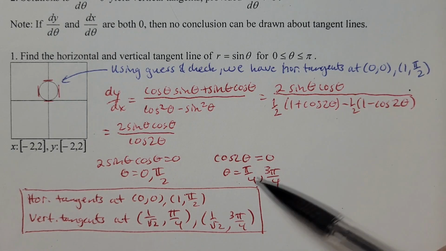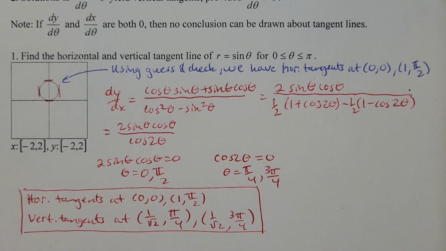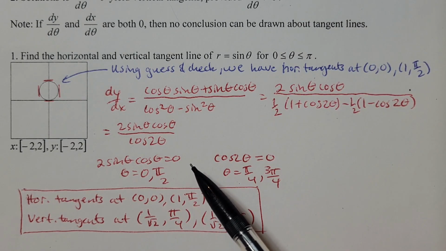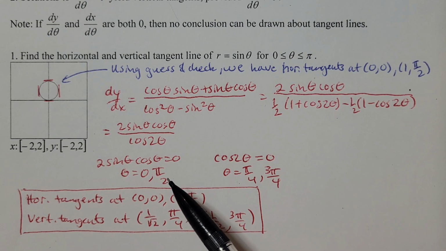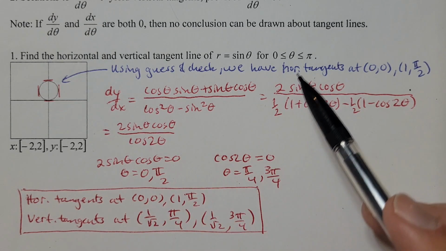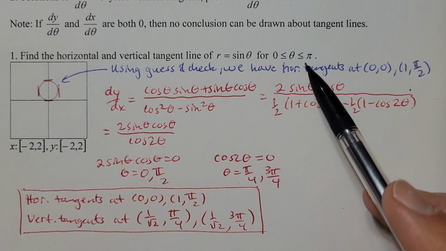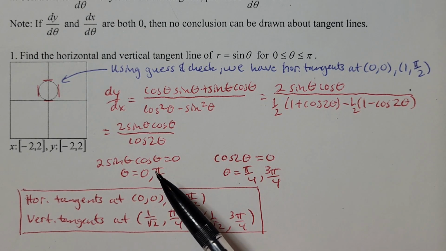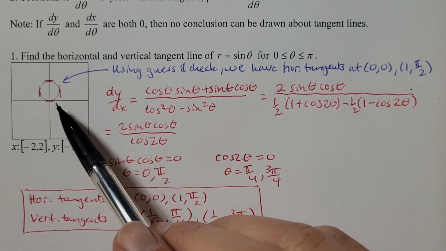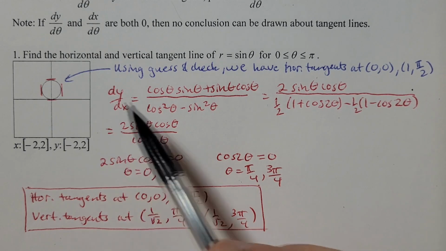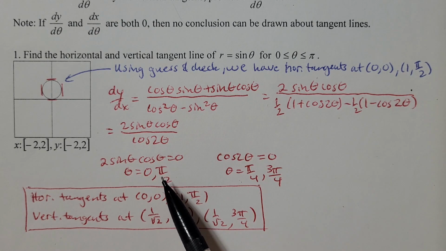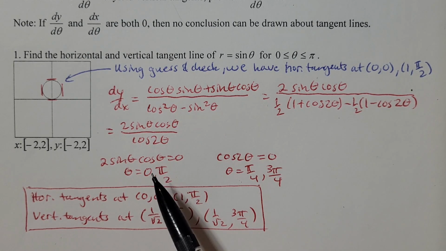If we set the top equal to 0 and solve this equation, divide both sides by 2, sine theta equals 0 when theta is 0, pi, 2 pi, but I don't want 2 pi because I'm on the interval 0 to pi. Again, I can completely trace out the circle one time on the interval 0 to pi, so I'm back to my start point when I'm at pi. That's why I didn't write pi there.